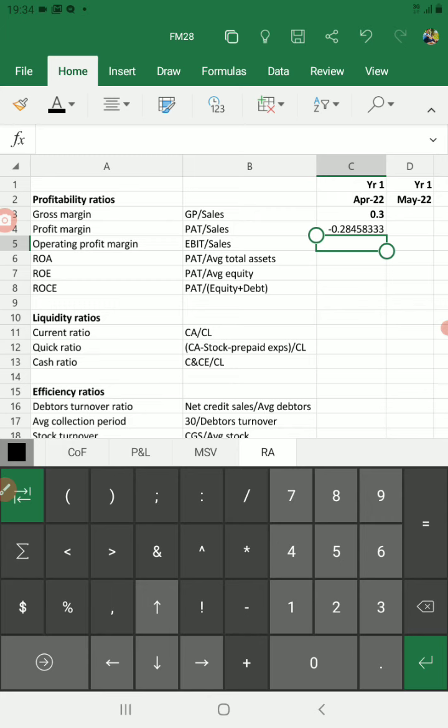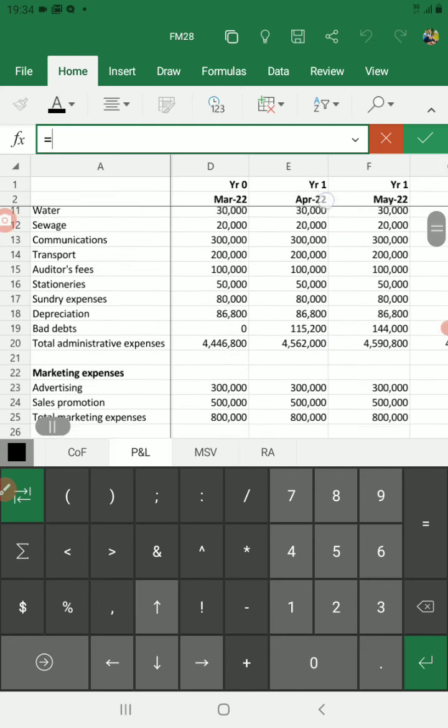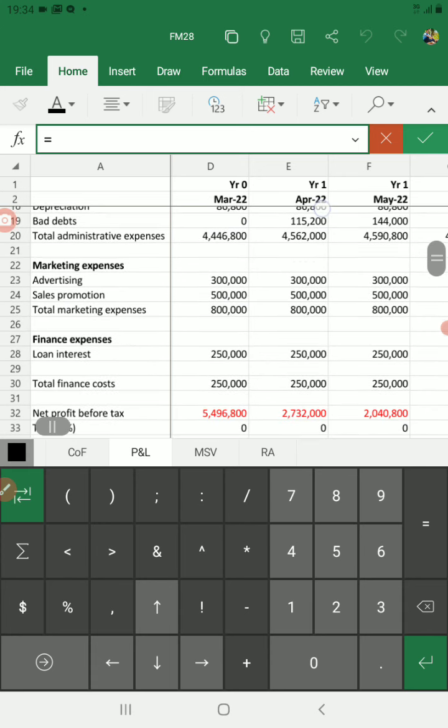Okay, operating profit margin, that is earning before interest and tax. So I start with equal sign, go to our monthly earning before interest and tax. We are going to get now.